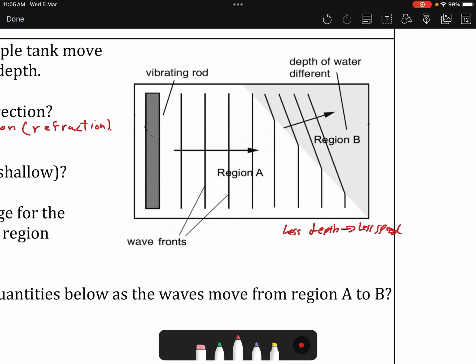So as you can see here, at this part, the speed of the wave is less. Look at the red part. The red part is slower than the other part, right? So that means it has less depth.